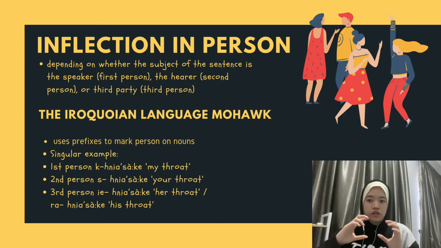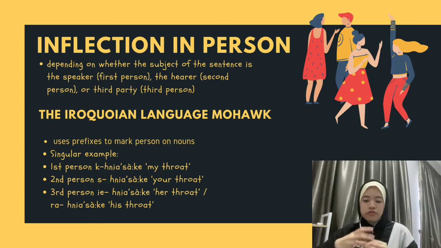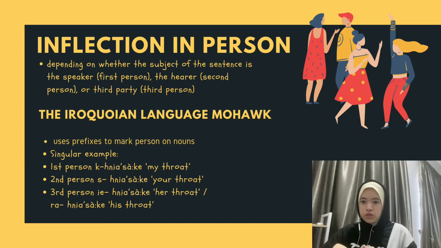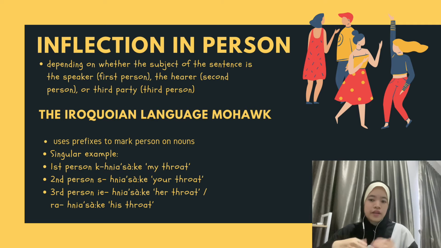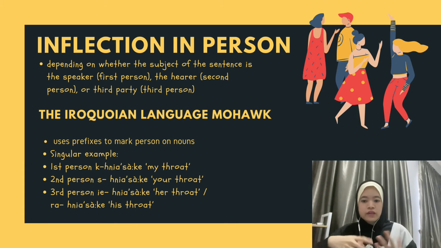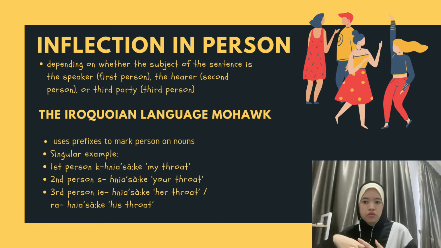Move on to the next slide, which is inflection in person. Verbs exhibit different endings depending on whether the subject of the sentence is the speaker, the first person, or the hearer, which is the second person, or a third party, which is the third person. Speakers of Indo-European languages may be less familiar with marking person on nouns.